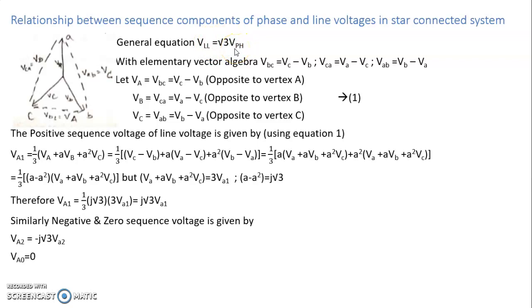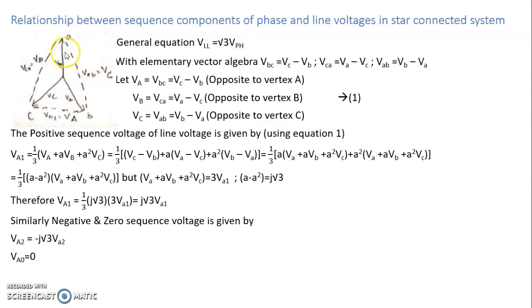Now here I want to discuss the sequence components. What is the relationship between the sequence components? Sequence components means VA0, VA1, VA2, that is zero, positive and negative sequence. So let us say this is a vector diagram. In this vector diagram, according to vector algebra, I have taken VBC equal to VC minus VB, VCA is equal to VA minus VC, VAB is equal to VB minus VA.